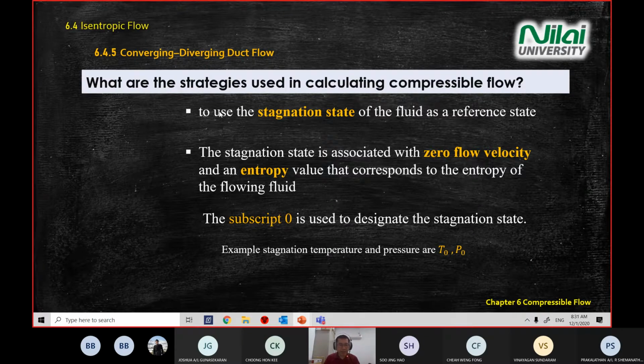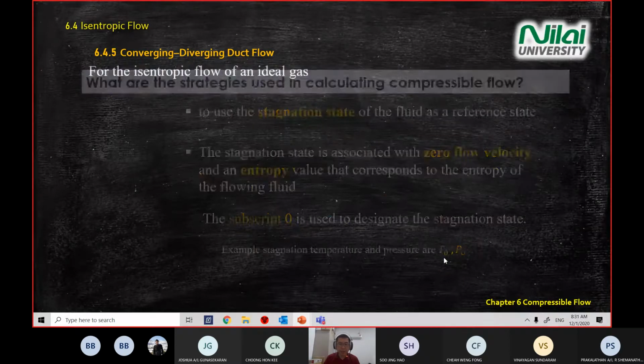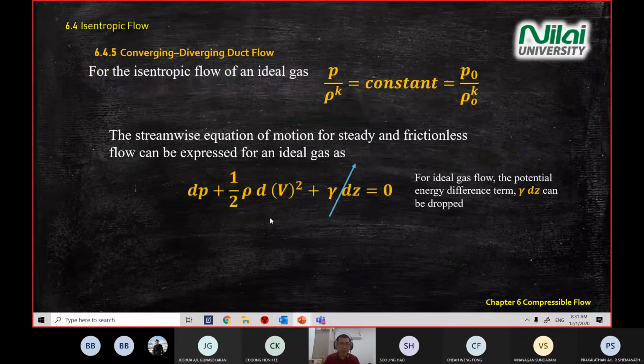The first thing, look at the Mach number, whether it's compressible or not. If it's more than 0.3, then you have a compressible problem. When you have a compressible problem, the next step is you look at stagnation state with the ratio of P0 and T0, which is the chart that you need to look at.